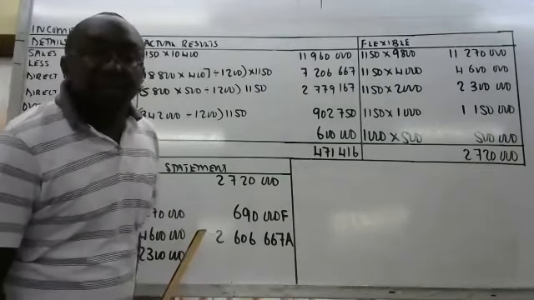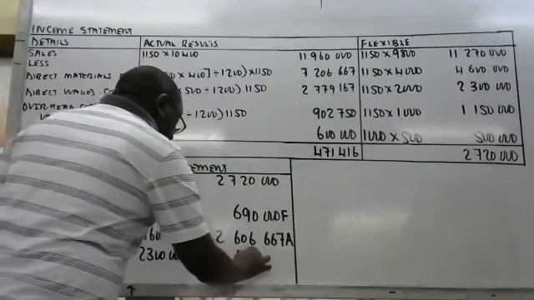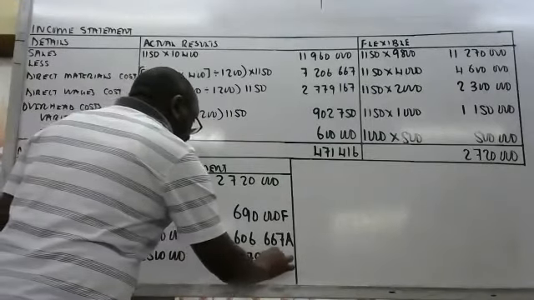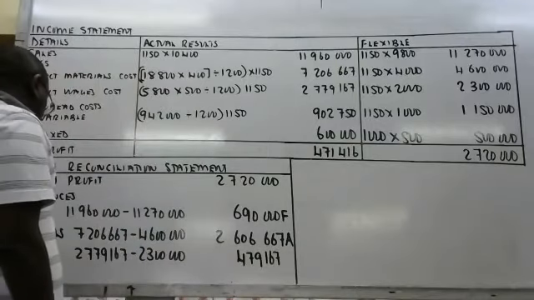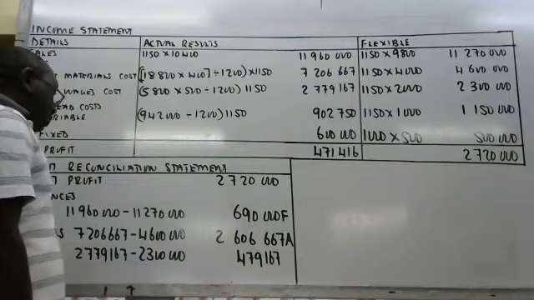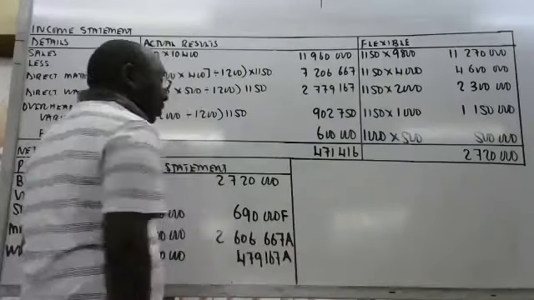Yes, 479,167. And you can see the actual is higher, so that is also adverse.